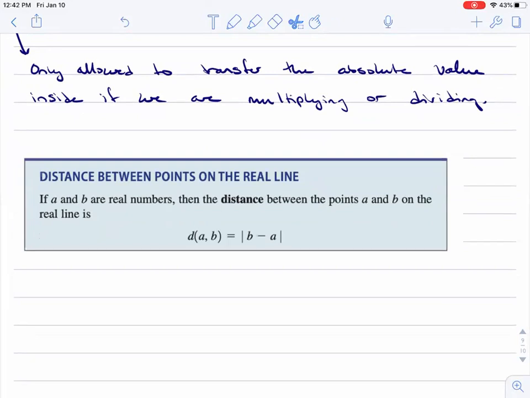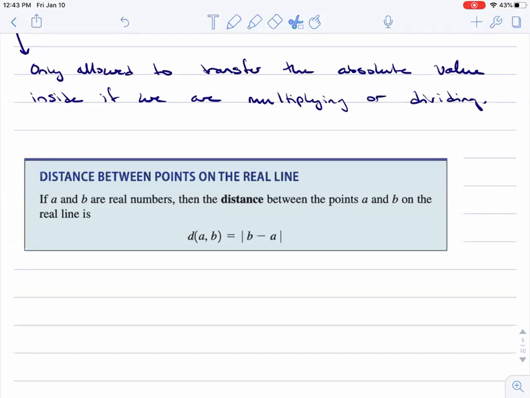Notice that if A is before B, so the interval from A to B, to find the distance between those 2 points you take B minus A. If I asked you what's the distance between 3 and 10, you would do 10 minus 3, B minus A. Then depending on where I am on the number line, I'll just take the absolute value of it, and the absolute value is what gives me the distance. You can't have a negative distance.